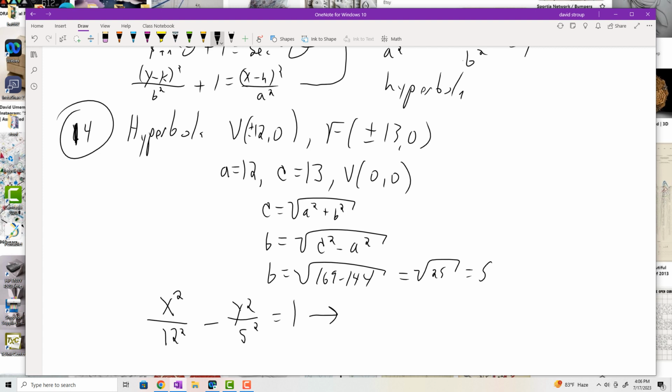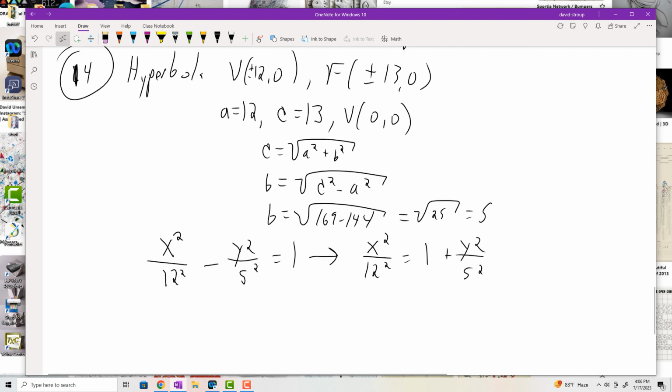And then you could rewrite that as x squared all over 12 squared equals 1 plus y squared all over 5 squared, and then try to line it up with your identities. The identity is, in this case, kind of scrambled a bit: it's secant squared equals 1 plus tan squared.